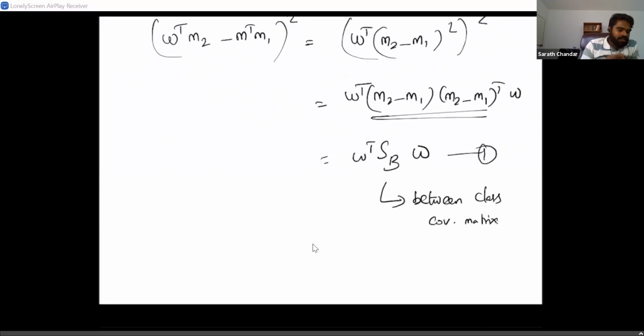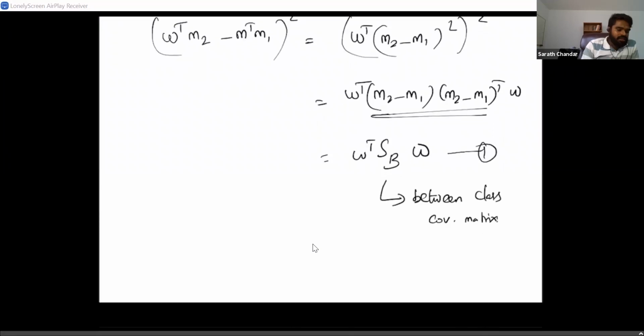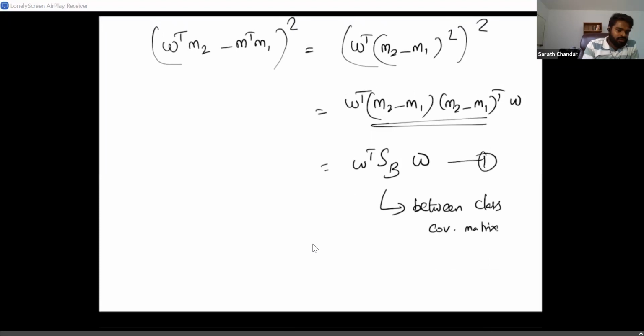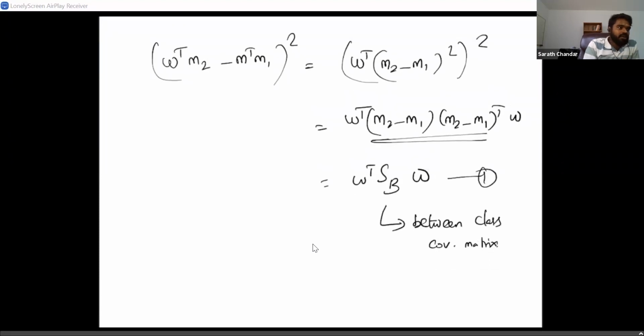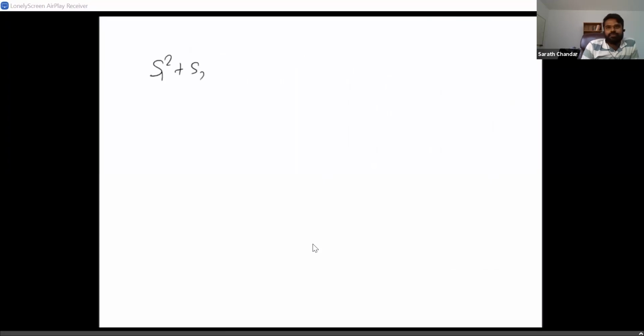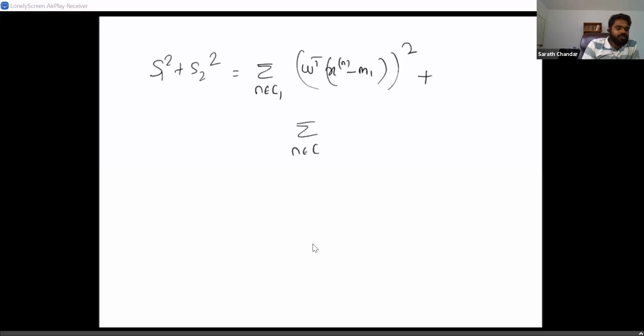Now let's consider the denominator, which is S1 square plus S2 square. I'm just going to expand: summation over n belonging to C1, W transpose Xn minus M1, the whole square. This is for class 1, plus similarly summation n belonging to C2, W transpose Xk minus M2, the whole square.